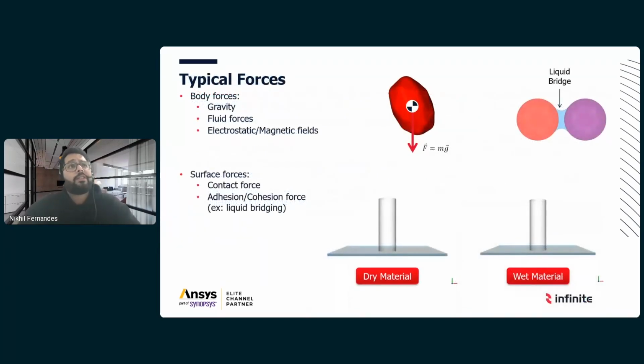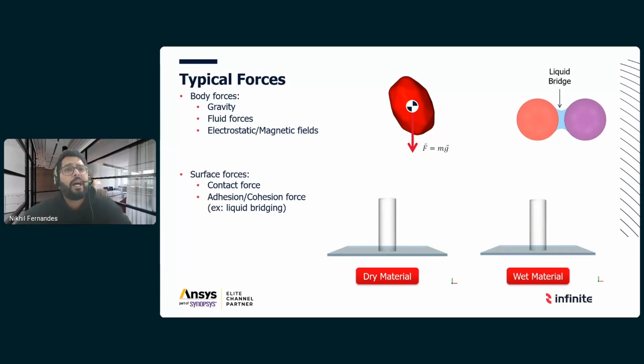Now, the typical kinds of forces that are available for the discrete element method, which is basically tracking each individual particle, are gravity and the fluid forces, which means the impact of the air or the constant velocity of air on the particle itself. We also have advanced capabilities like the electrostatic and the magnetic fields and their influence on the particle itself.